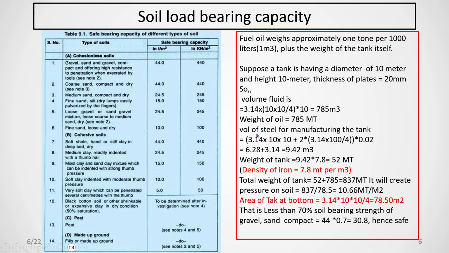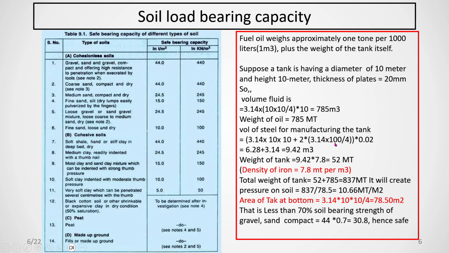Then the volume of steel, how much steel you have used for manufacturing the tank, how do you calculate it? That is equal to pi D into height, 10 meter, which will be your circumferential area, the shell area.